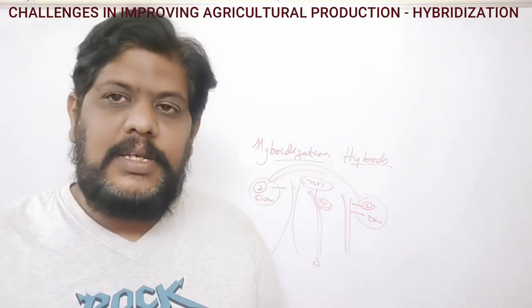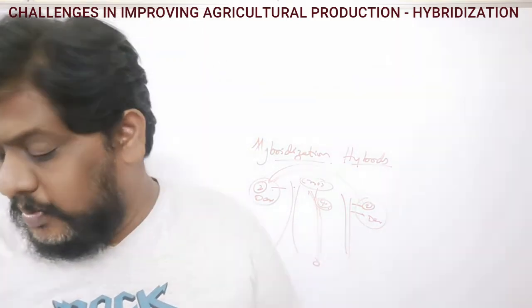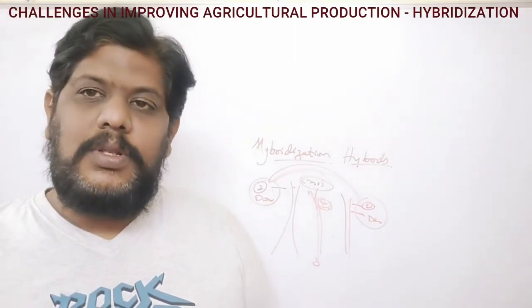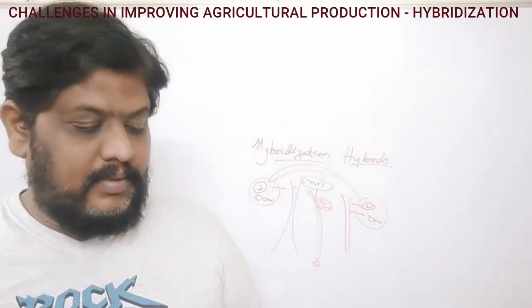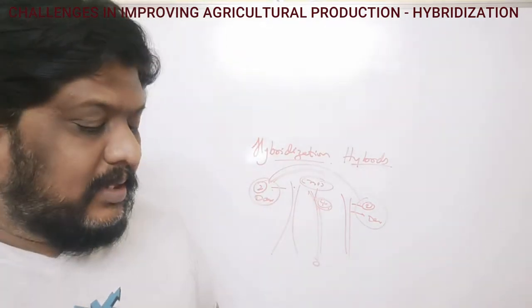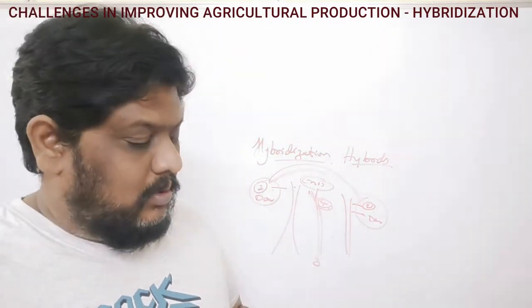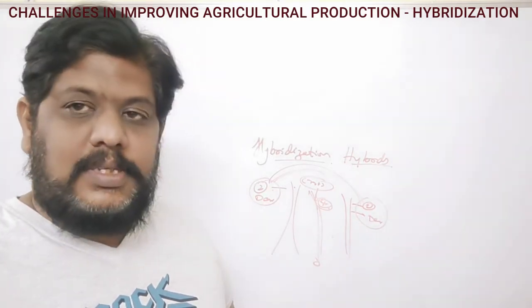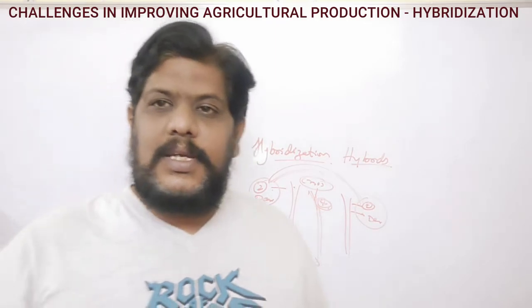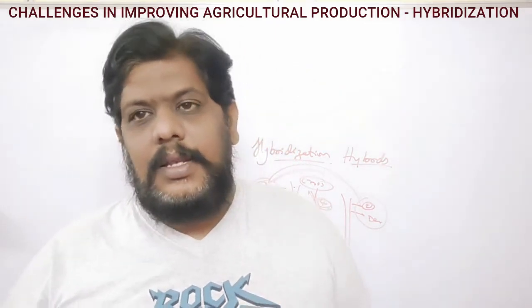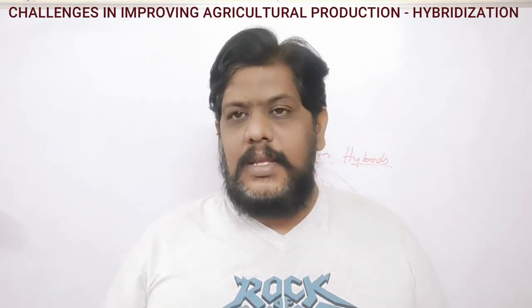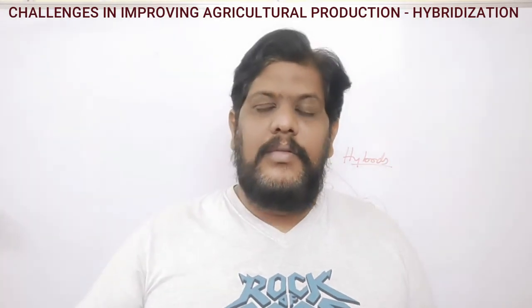I'll just read it out. All of you come to page number 125 and check it out. In recent times, the biotechnologists, the persons who study biotechnology, use technical methods in raising the crops and the best varieties of the crops.